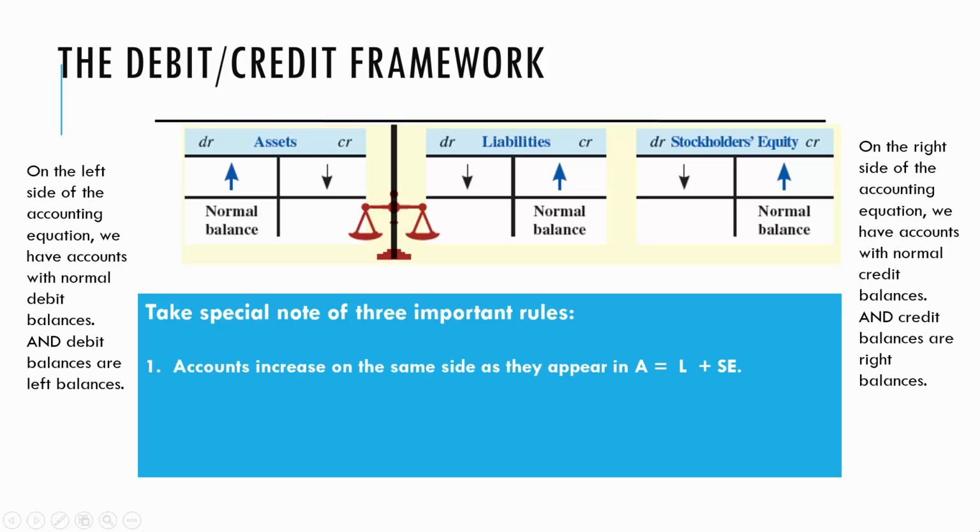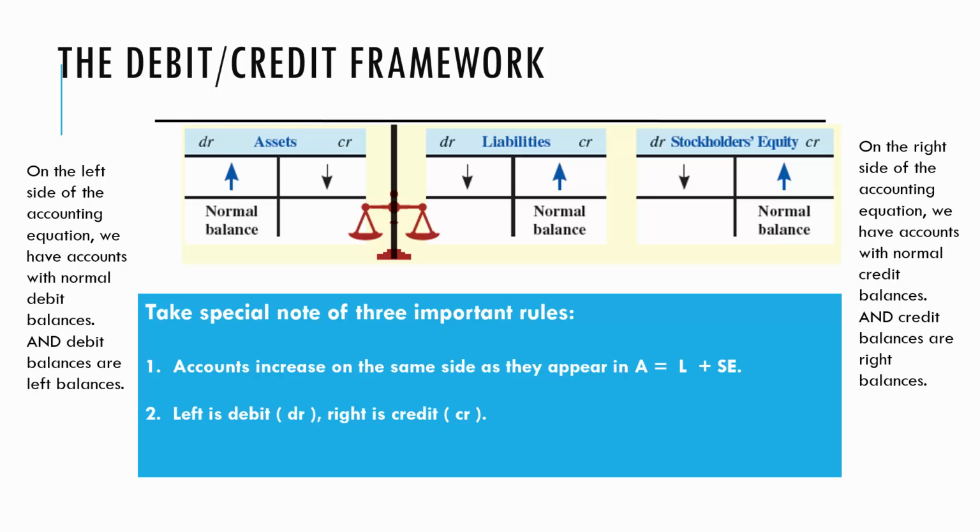So accounts increase on the same side as they appear in assets equal liabilities plus stockholders' equity. If we want to increase our assets, we do it on the debit side. If we want to increase either liabilities or stockholders' equity, the increase arrow, we increase on the right-hand side. The left is debit, right is credit.